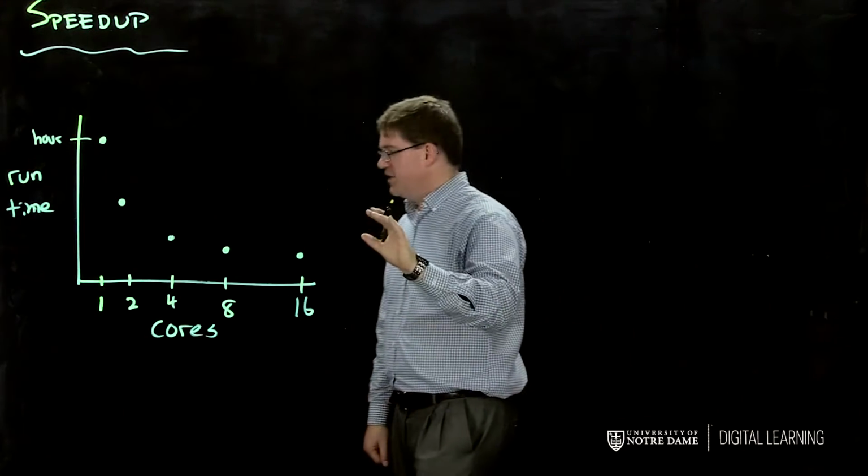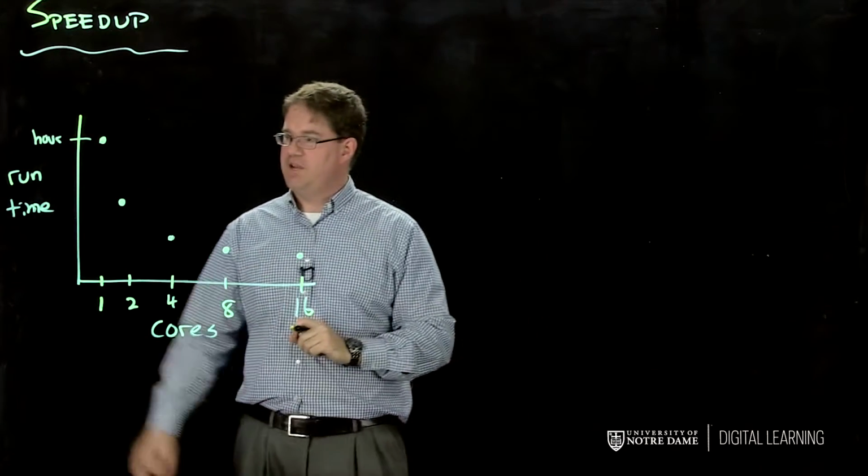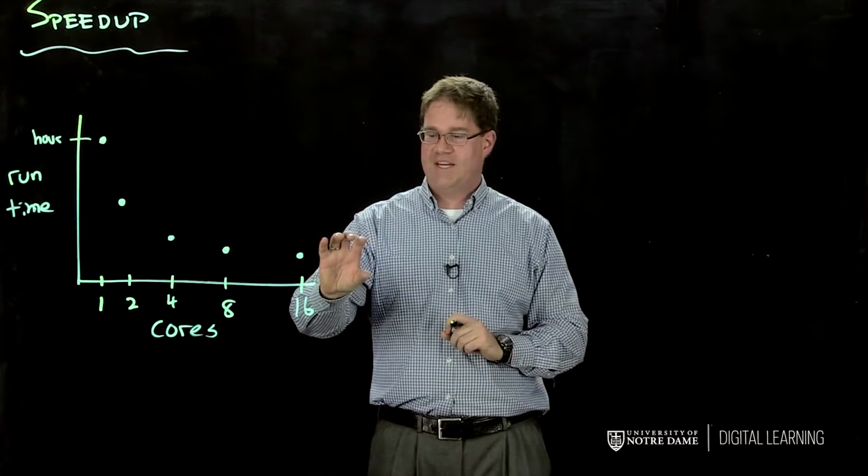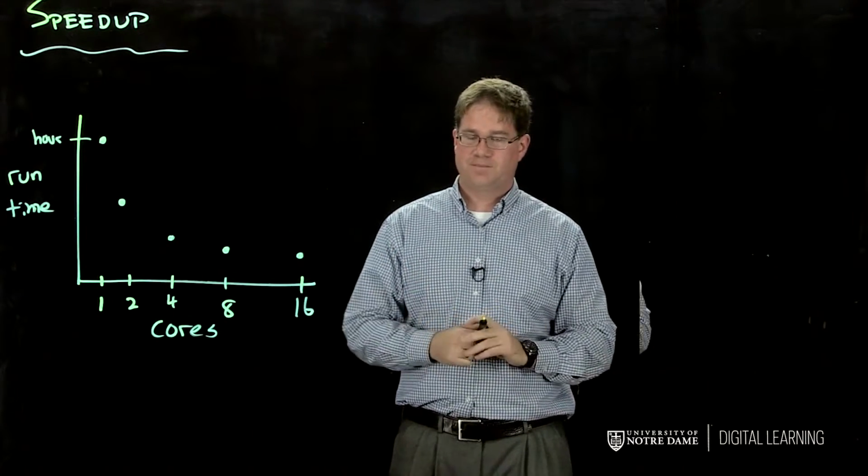Now, it turns out that this isn't the ideal way to look at it, because as our numbers get larger and larger here, our differences get smaller and smaller, and it's very difficult to decide what's going on.